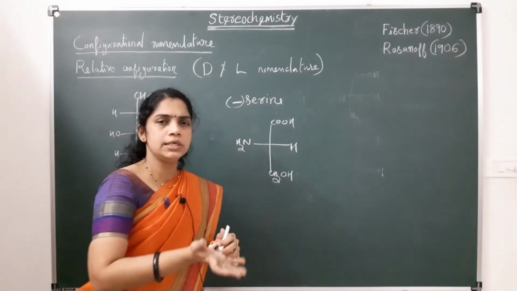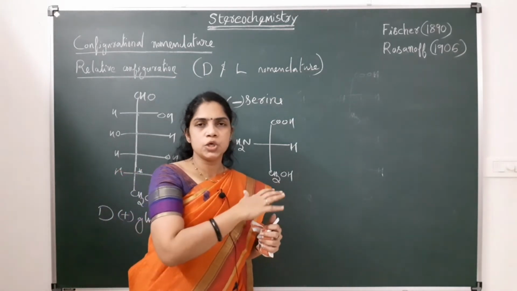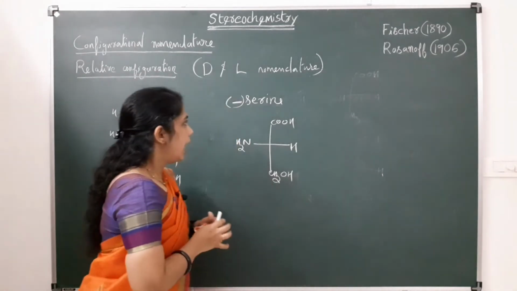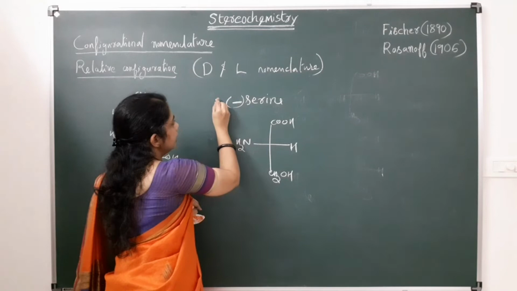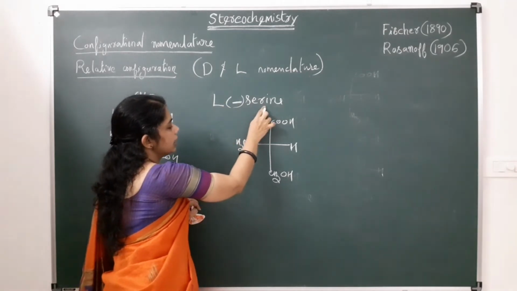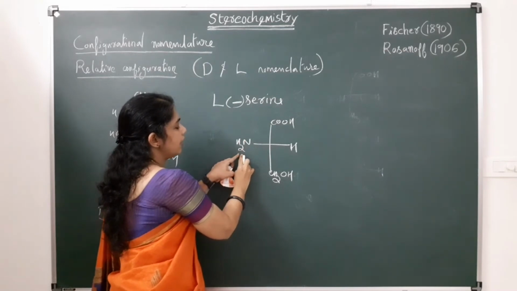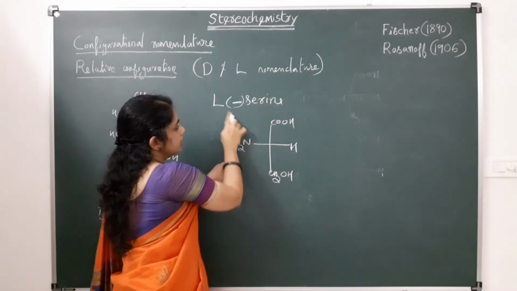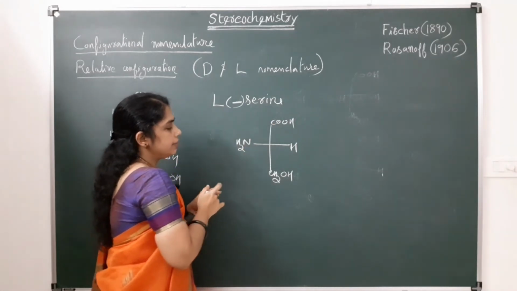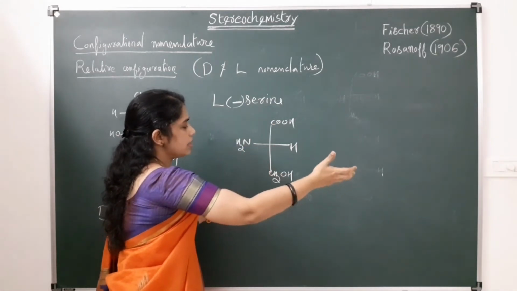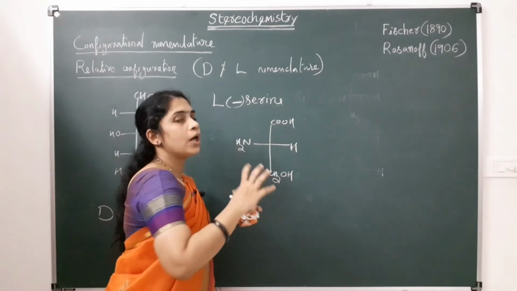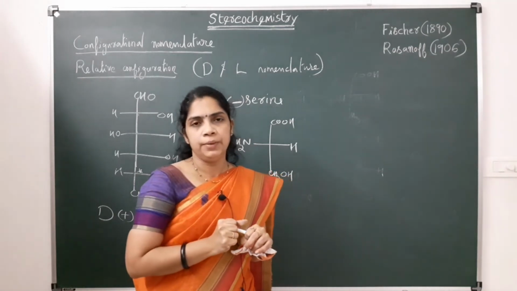Minus serine means it is the negative isomer, which rotates plane polarized light towards the left, and this serine is arbitrarily given the configuration L. This is L serine. Here the NH2 group is on the left side, and this is taken as the reference compound. The other amino acids which can be converted or synthesized from this L serine all belong to this L family.